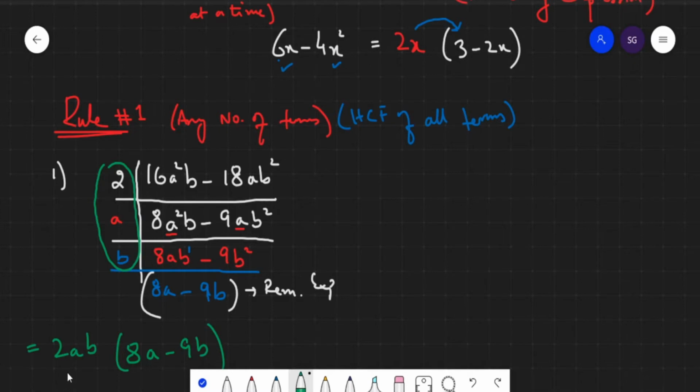Alright, just to add on here, if you're not very sure what number comes in when you are taking out common, there's another way of doing that. Let's say we are looking at 16a squared b, and the number that we decided to take out common is 2. So what we do is, we take this term and we divide it by the number or the variable that we are taking out as common.